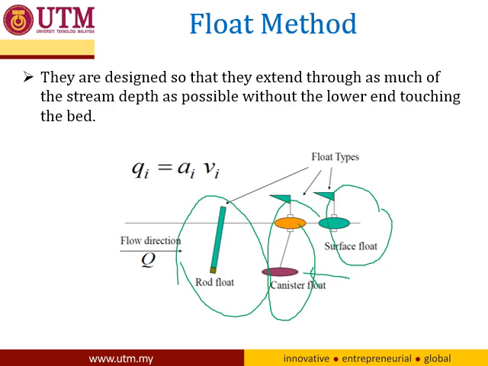They are designed so that they extend through as much of the stream depth as possible without the lower end touching the bed. So these are floats, terapung. Then we measure the time and the distance they travel.